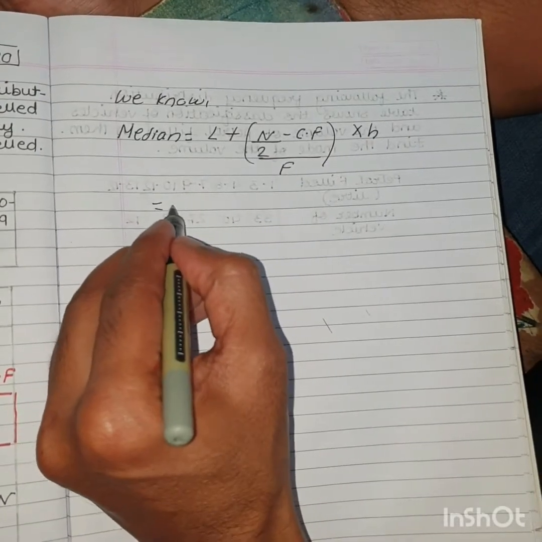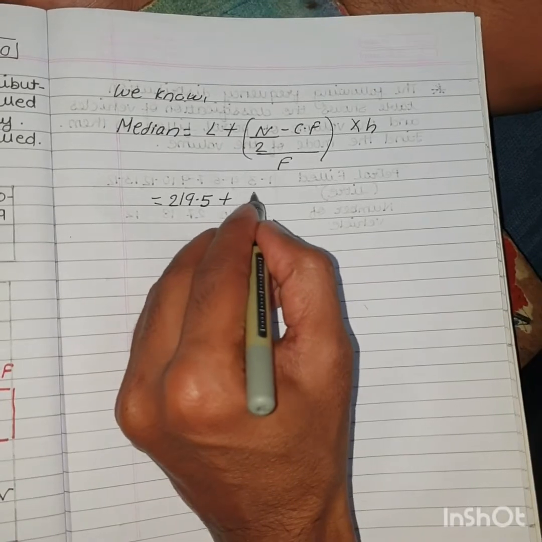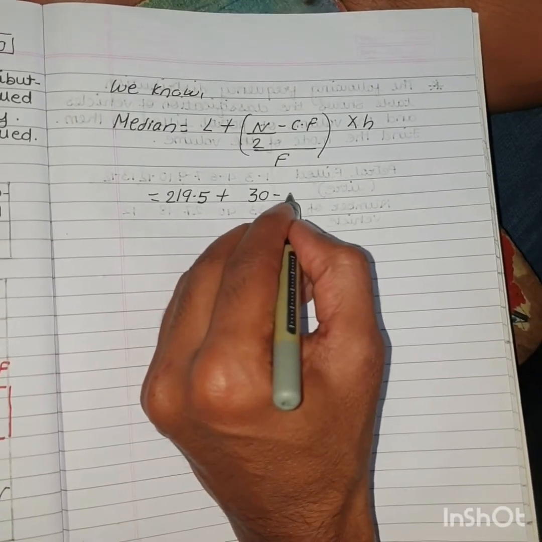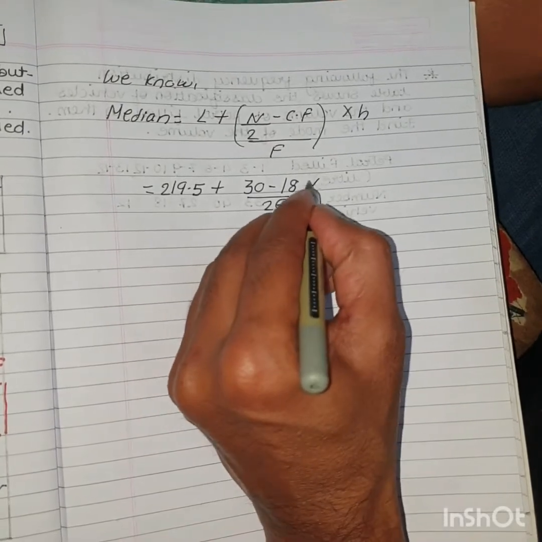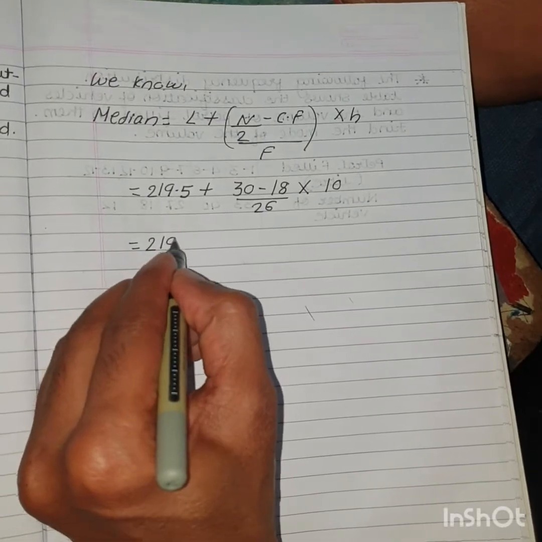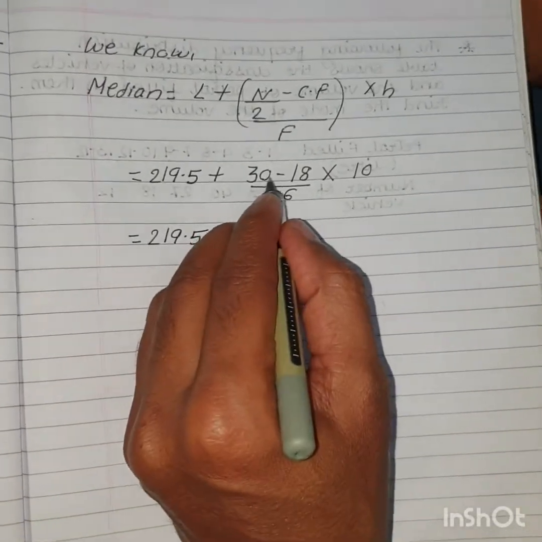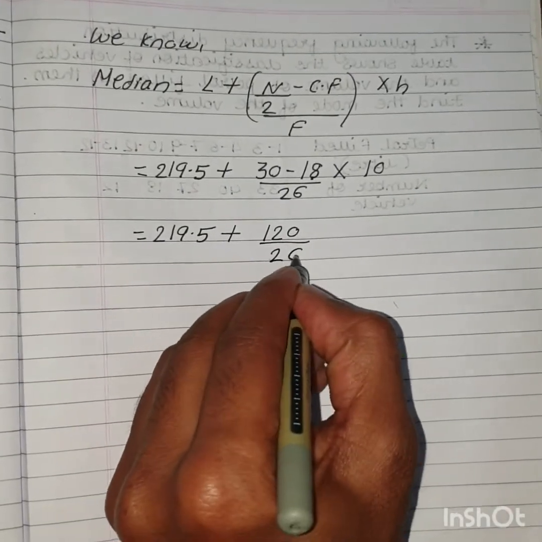That is equal to 219.5 plus N by 2, 30, minus CF is 18, upon F 26, into H. What is H? 10. That is equal to 219.5 plus 30 minus 18, 12. 12 tens are 120 upon 26.